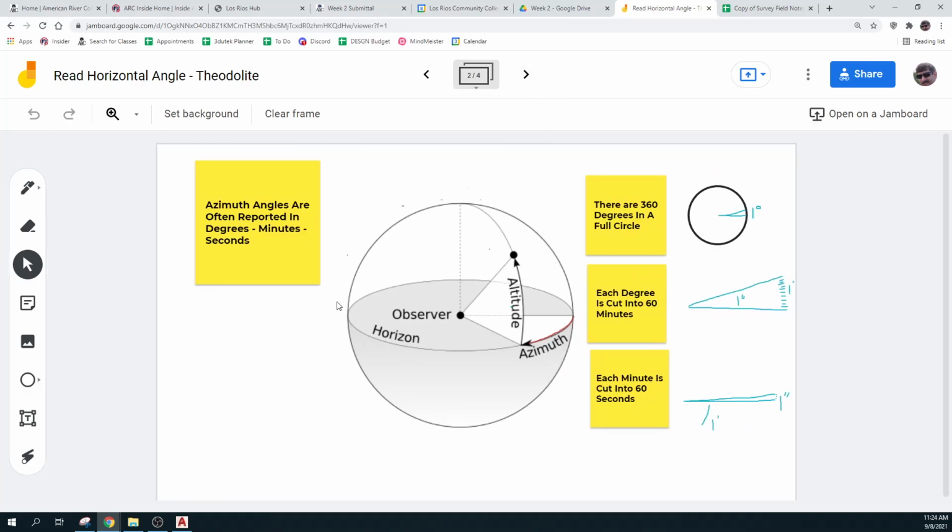Now we have to remember that there's 360 degrees in a circle. This looks like about 45 degrees, right? 90, 180, 270, all the way around 360. That's pretty clunky for a survey, so they want to get better than that. Each degree is cut into 60 parts, called minutes, because the watchmakers, the clock makers, were the craftspeople that made the first sextants and things like that, so they already knew how to do that.